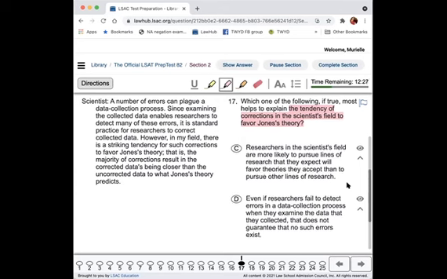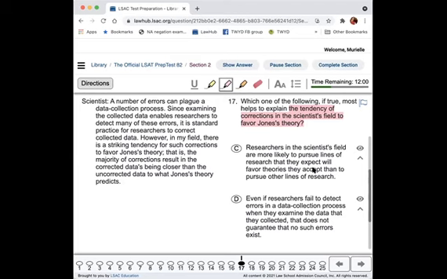C, researchers in the scientist field are more likely to pursue lines of research that they expect will favor theories they accept than to pursue other lines of research. The interesting thing about this is that we actually don't know if researchers accept Jones's theory.